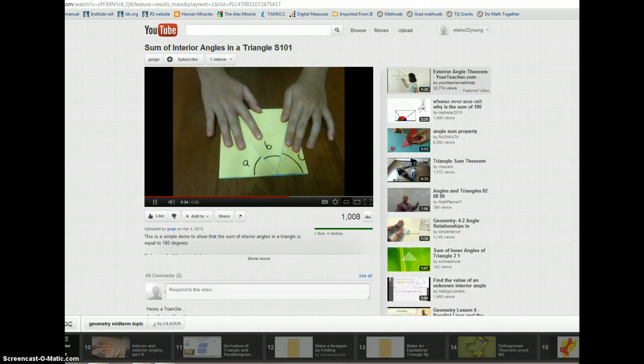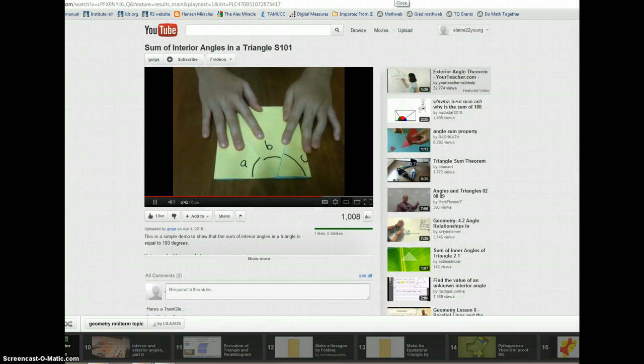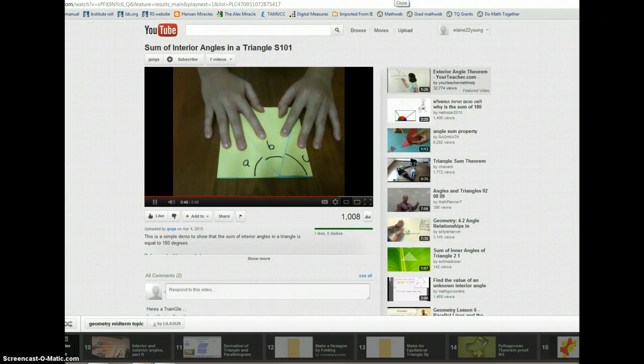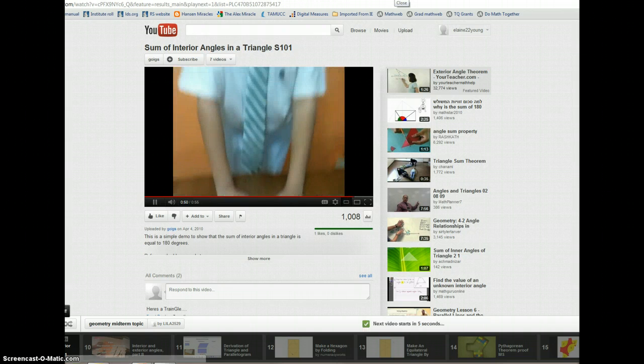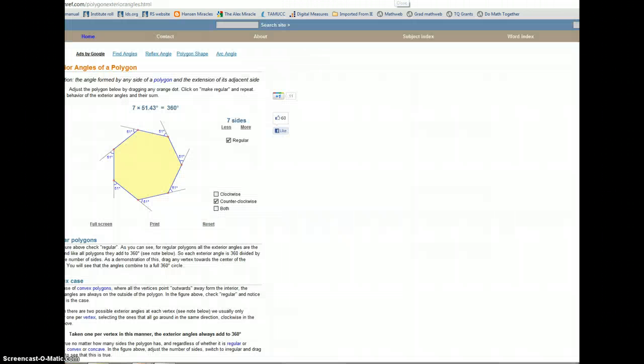Since the sum of the angles of a triangle, when placed adjacent to each other, forms a straight line, and the angle of a straight line is 180 degrees, the sum of the interior angles in a triangle must be 180 degrees. Thank you.